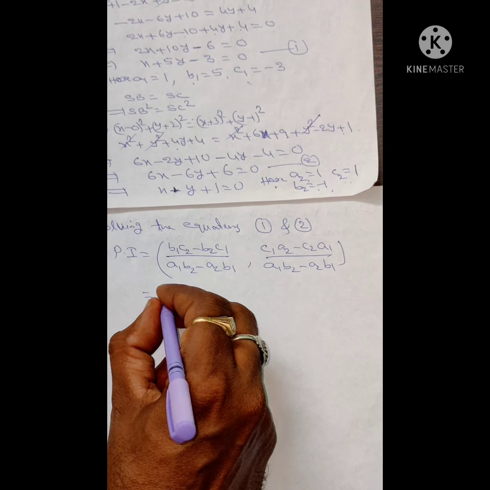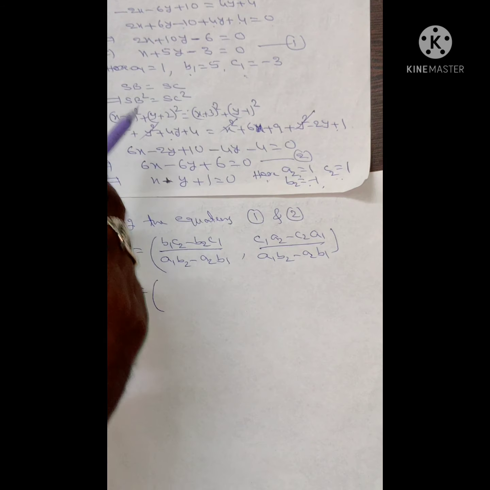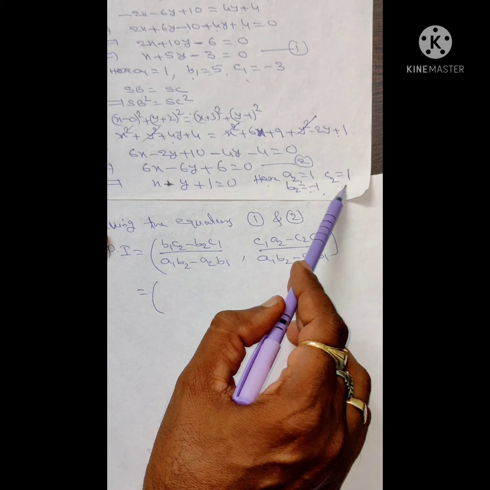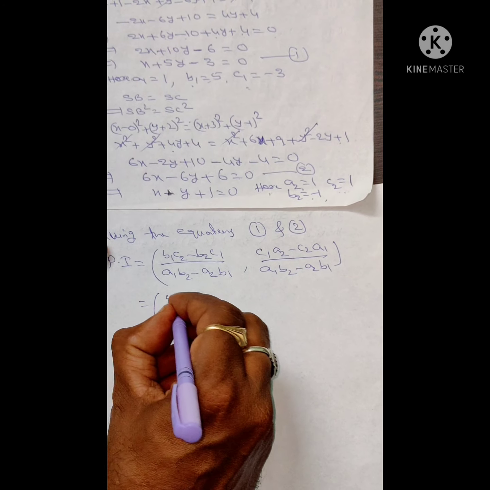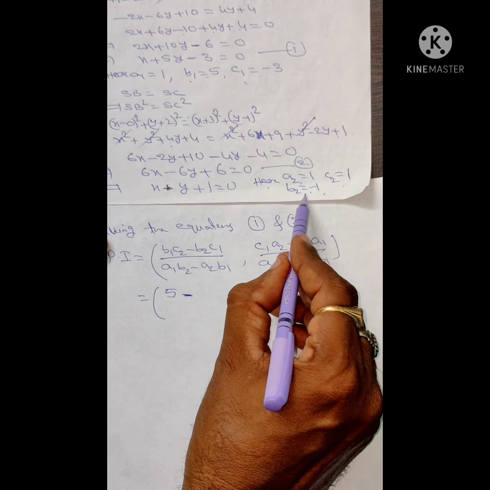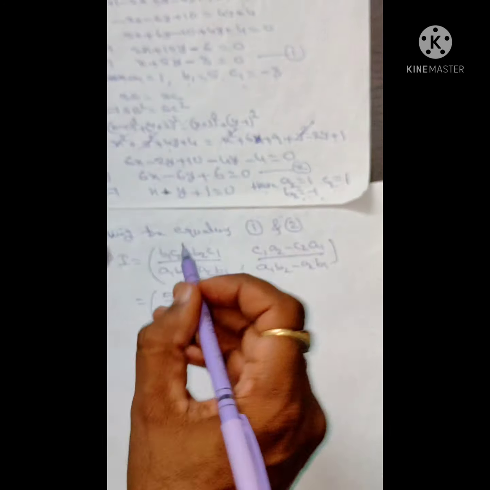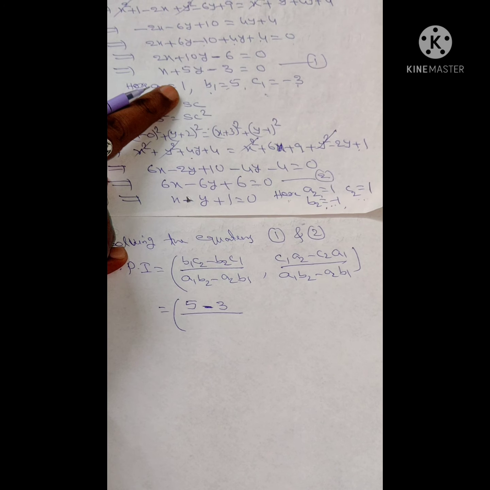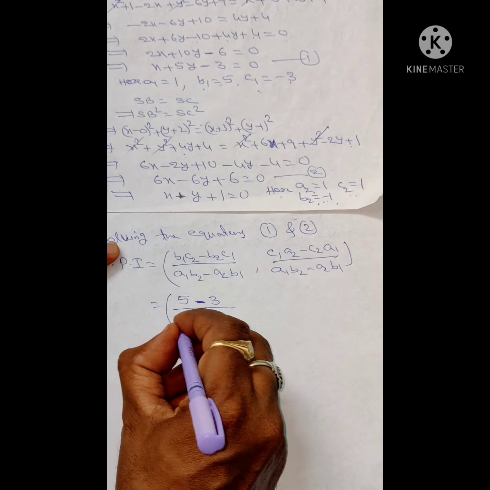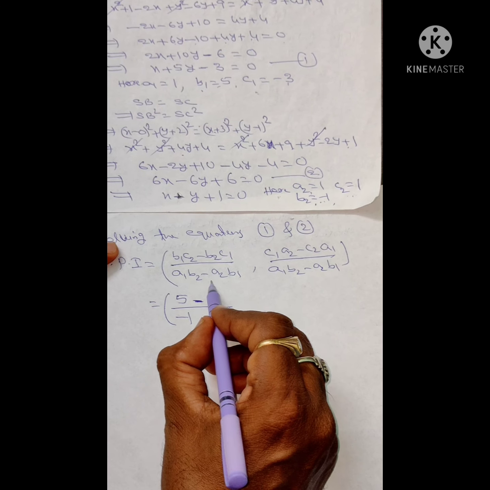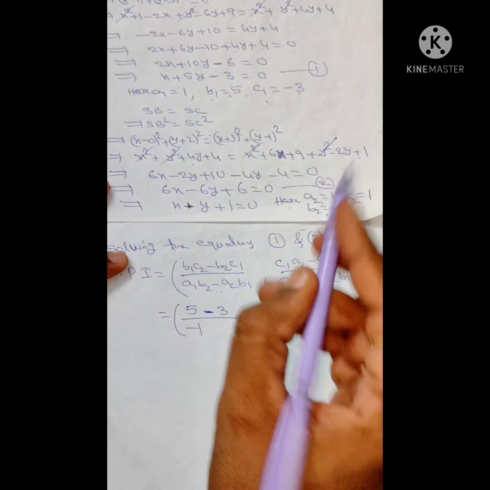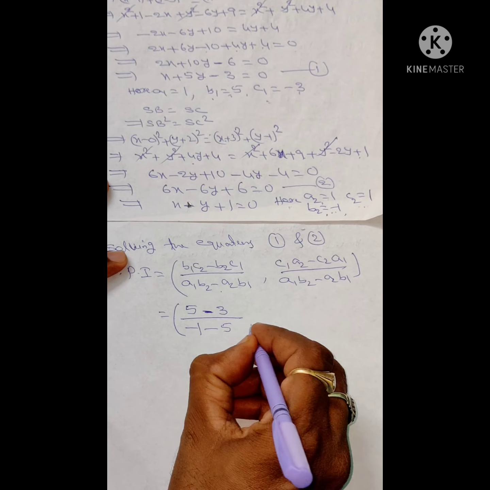Here b1 is 5, c2 is 1, so b1c2 means 5, minus b2c1, minus 1 into minus 3, that is 3, by a1b2 minus a2b1, that is minus 1 minus 5.